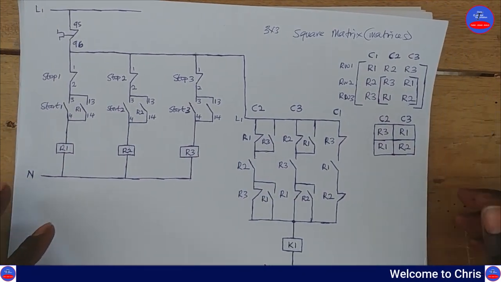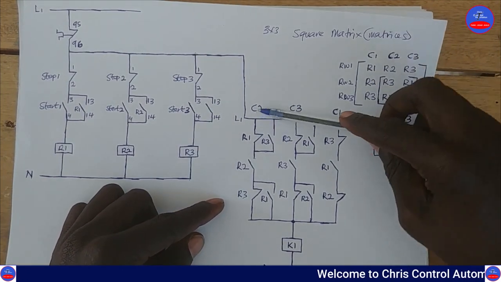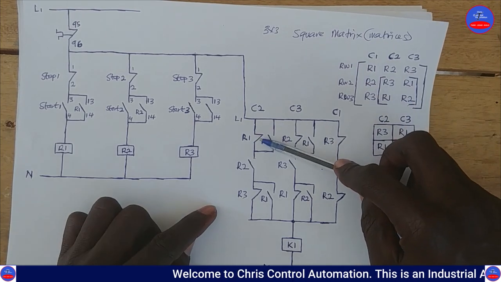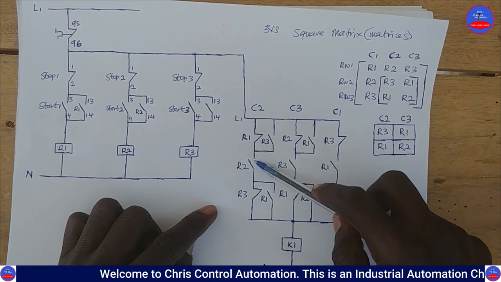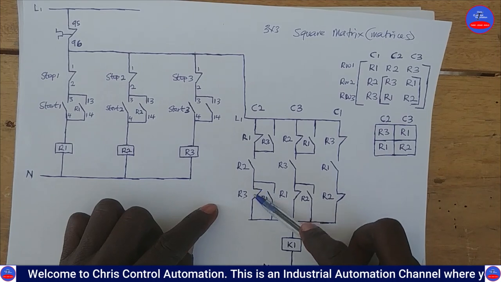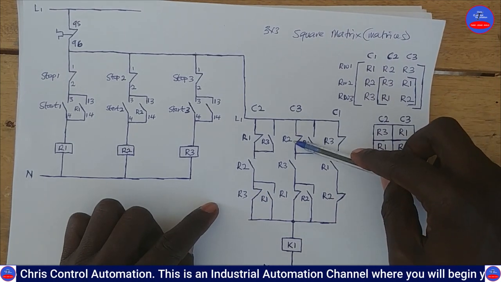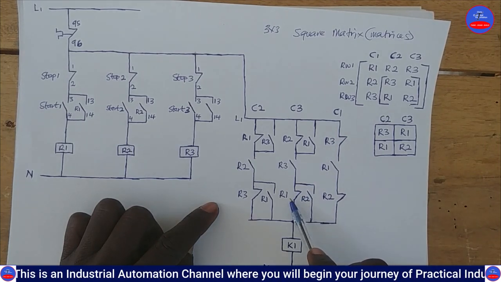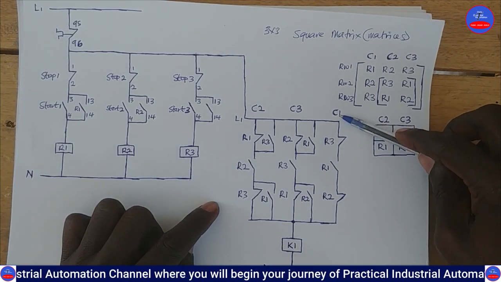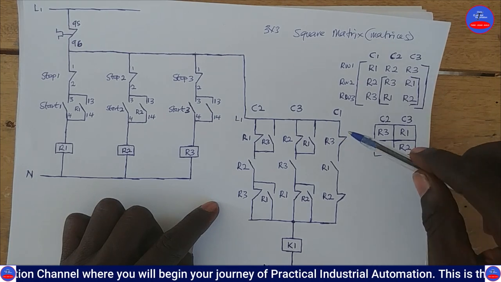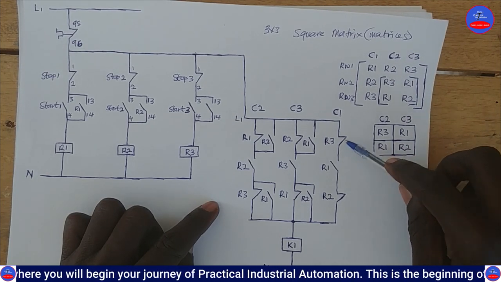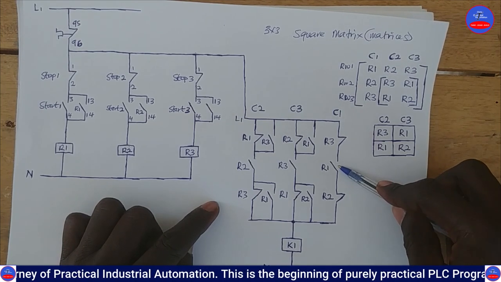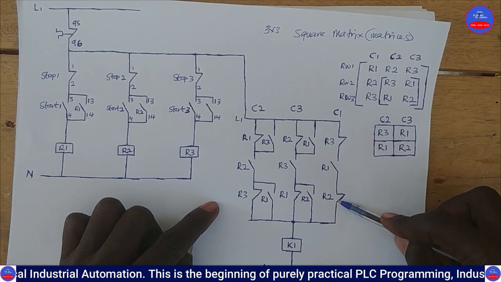So let's see something here. This is our column 2. On column 2, we have R1 normally close, R2 normally open, R3 normally close. In column 2, R2 normally close, R3 normally open, R1 normally close. In column 1, R3 normally open, R3 normally close, R1 normally open, and then R2 normally close.